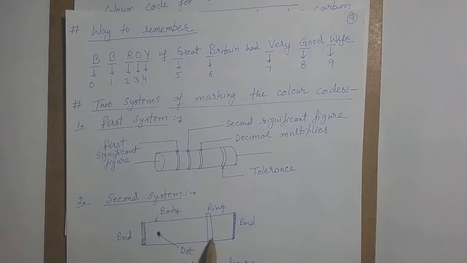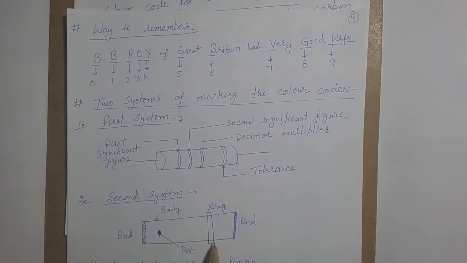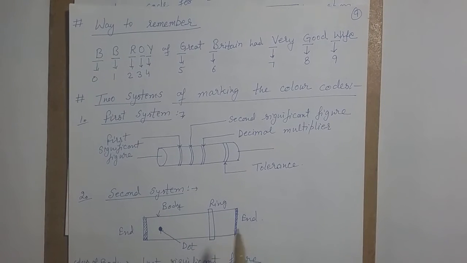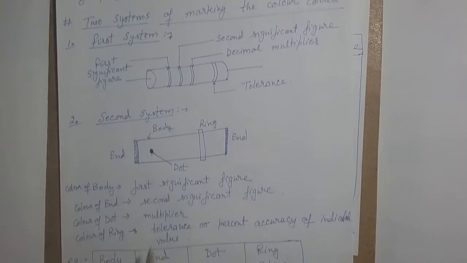And the ring represents the tolerance value, that is the percentage accuracy of a given resistor.